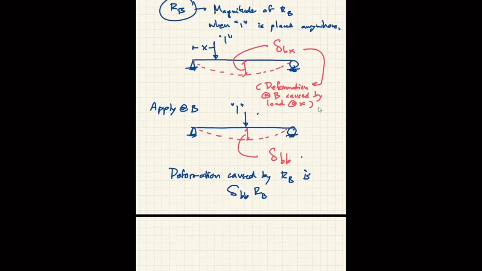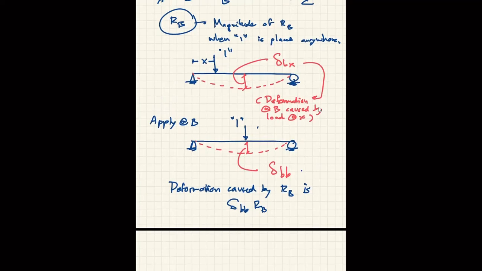Okay, so from here, remember, I want to know the reaction. I want to know the reaction when I place the unit load at X. So the reaction is related to the unit load when you apply it here. So in the end, I can write this equation.